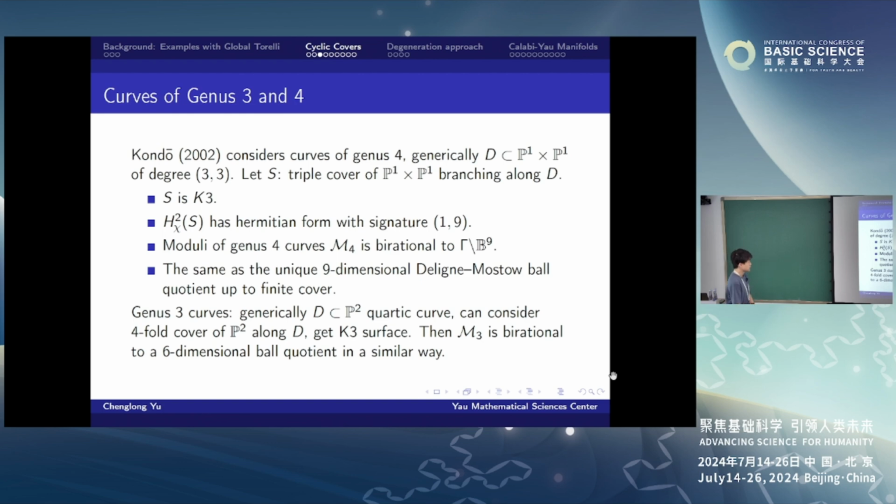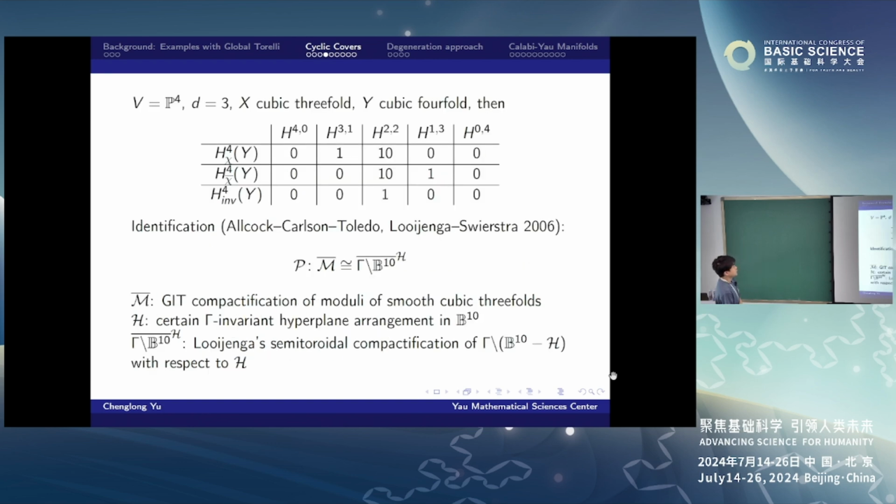Alright, let's continue. So we can also do some cyclic covers for the higher dimensional case. If we take the base to be P4, and the branching divisor is a cubic threefold, so we consider the moduli space of cubic threefolds.